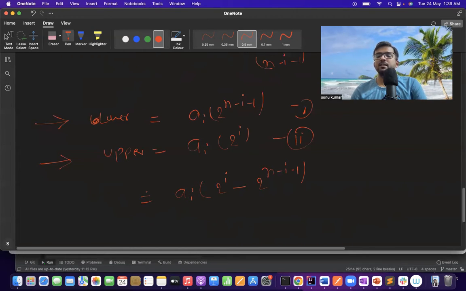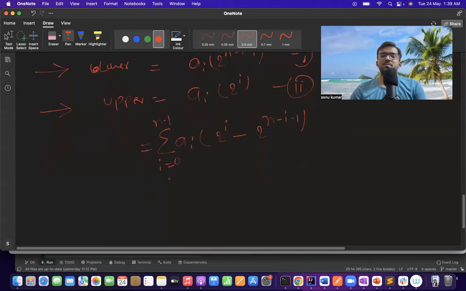So for getting the contribution of all the elements, what do we need to do? We need to do just the summation from i equal to 0 to n minus 1, meaning for all elements. Again, we can simplify this statement.